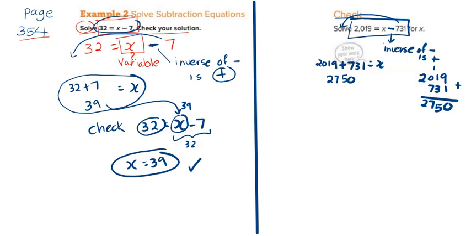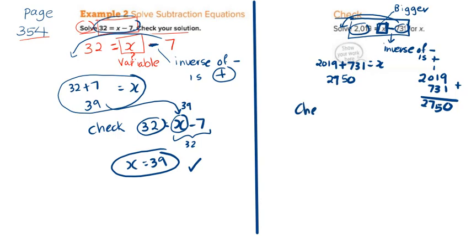Now it does make sense, because you know that when we subtract, the first number is always bigger than the number that it subtracts, as well as the answer. So the value that it starts with in a subtraction, which is the x, will be bigger than the 731 as well as bigger than the 2019. That's why we add, to give us the values.